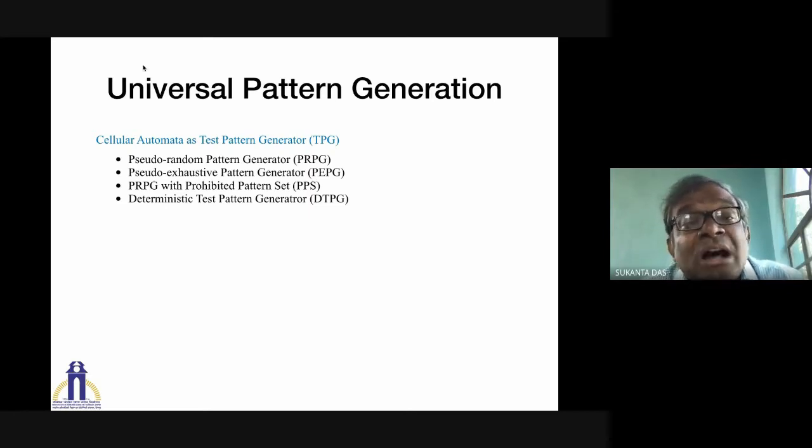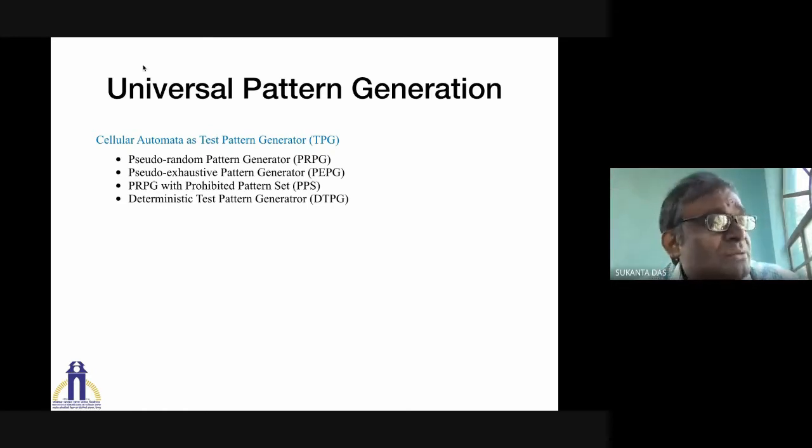It's a new class of test patterns, which sometimes we may need to test some circuits. And finally, deterministic test pattern generator. So we claim that all the patterns can be generated by cellular automata. So if they can do so, we can claim cellular automata as a universal pattern generator.